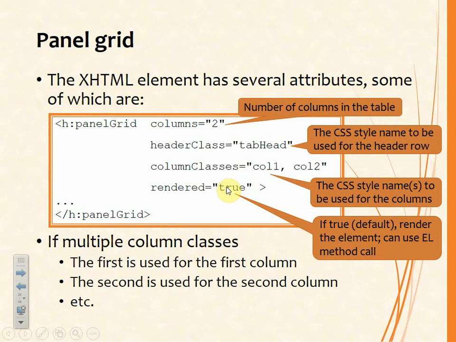And therefore, we would say rendered equals hash, open brace, managed bean dot method name, close brace. That method will be called. If it returns true, the table is rendered. If it returns false, it isn't. So that can be quite useful, and you can use that on pretty well every UI component.